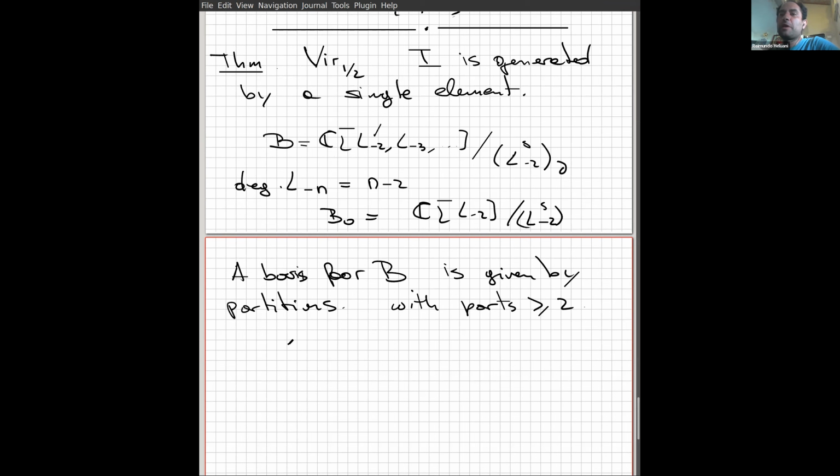So if you give me a partition, you're going to put something like L minus n1 up to L minus nk.